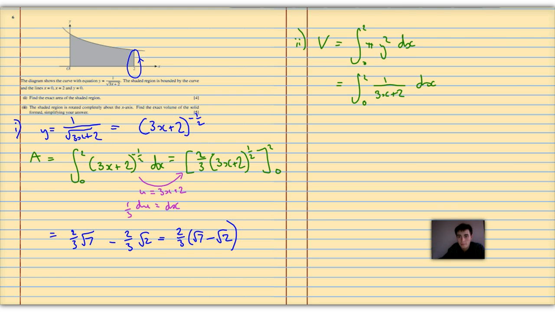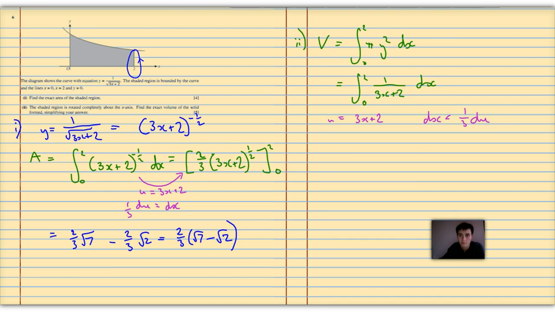Great. Okay, again, maybe I will do a substitution this time, because you can do it by inspection, or we can use a substitution u equals 3x plus 2, and when we differentiate that, we get du/dx equals 3, so dx equals a third du.